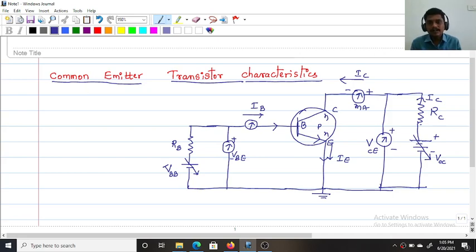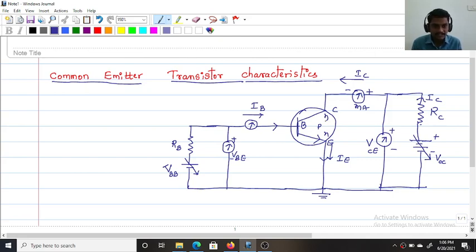So we are discussing the characteristics of the common emitter transistor. Here we'll discuss input and output characteristics, nothing but the forward and reverse characteristics of this NPN transistor.